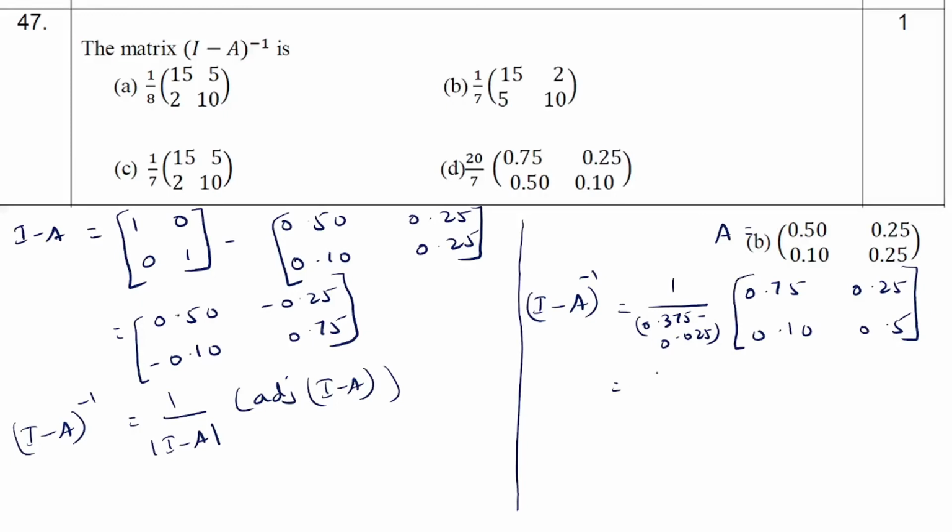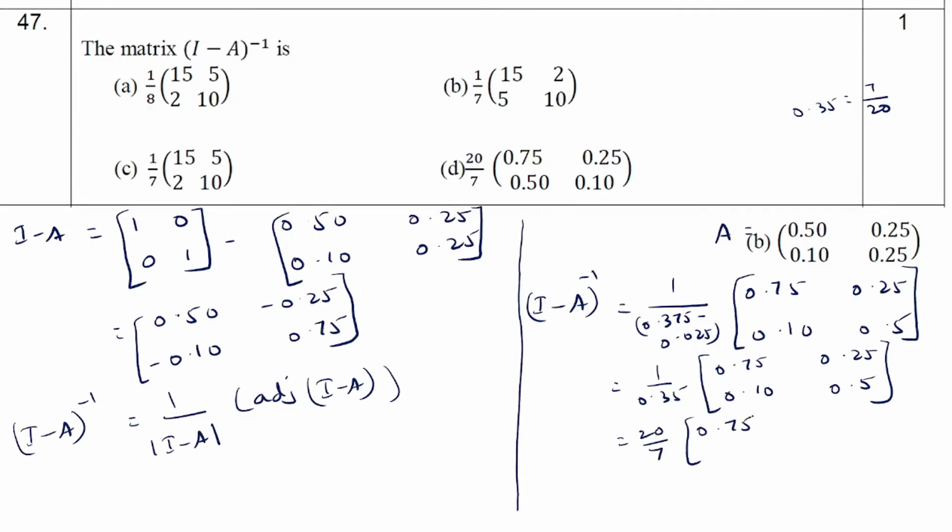Now this is equal to 1 by 0.35 into 0.75, 0.25, 0.10 and 0.5. Now 0.35 is nothing but 7 by 20. So 1 by 0.35 is 20 by 7 into this matrix.